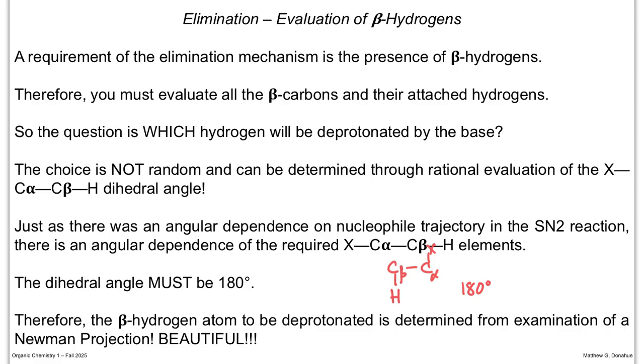We said in substitution, the nucleophile has to attack 180 degrees from the leaving group because that's where the anti-bonding orbital is. So the orbital that's not filled. So when we look at a Newman projection, the electron density in this CH bond will then be aligned with that anti-bonding orbital. And so that's why these have to be 180.